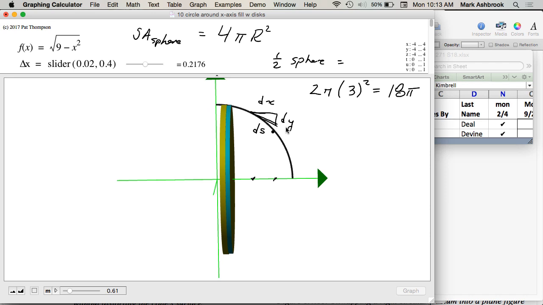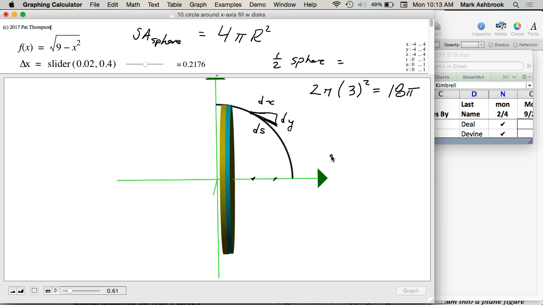dx, as things get small, just looking at that horizontal change, is not going to model this thing that's doing lots of things besides horizontal change, right? So by using ds, which we found by arc length, that's what we want to use to model surface area. Is it going to give us a larger or smaller result than dx? Larger, right? The hypotenuse is larger than dx, and that's consistent with when we checked. When we used dx, it was way too small.